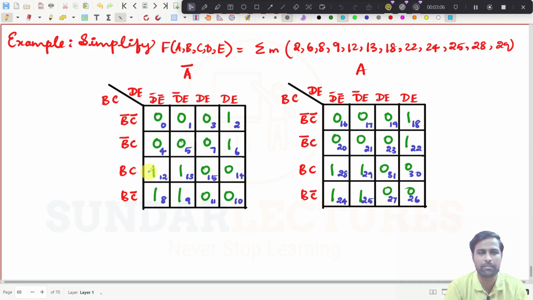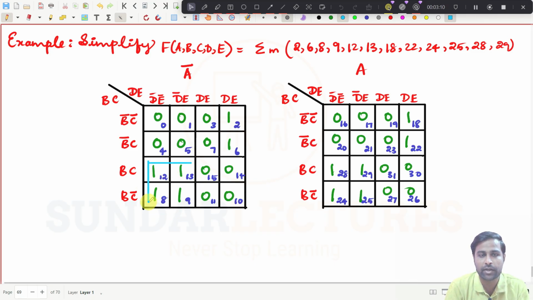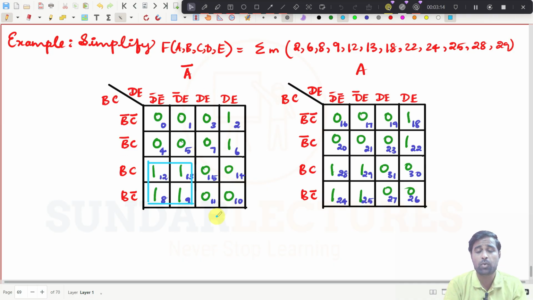So I have already made this one a quad, considering only this K map. But I have to check the second K map so that if I put 2 K maps like this in a stack, the same 4 cells have ones.